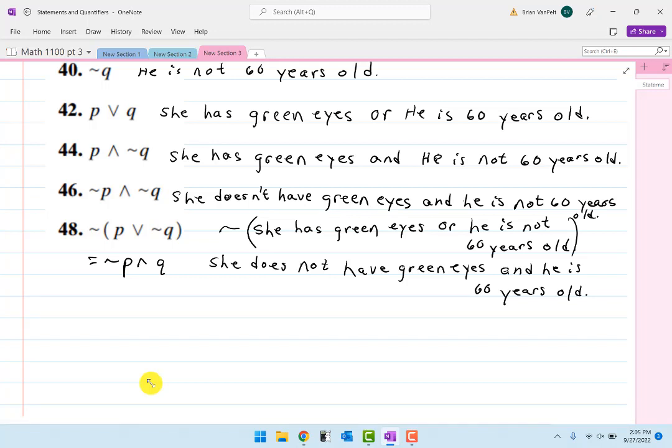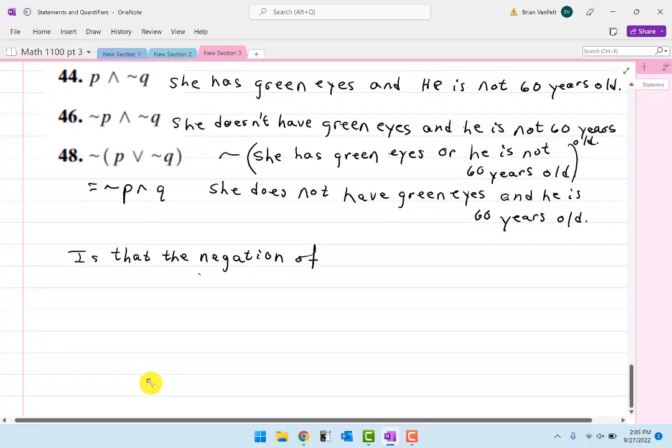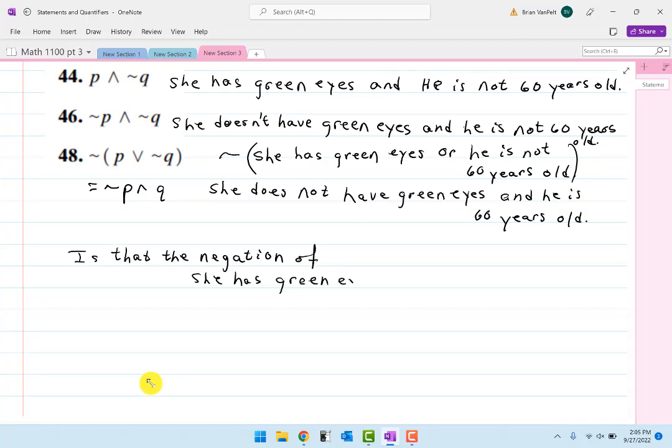Now let's take a look at if that really makes sense. Is that the negation of what was it? She has green eyes, or he is not 60 years old.